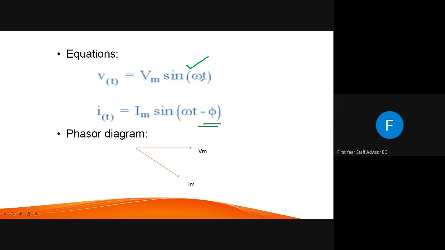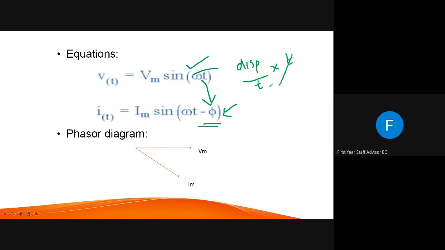That means I is lagging behind V, because angular frequency of V is omega, or I can say the angular displacement, because displacement by time is velocity. So omega is angular velocity actually into time.